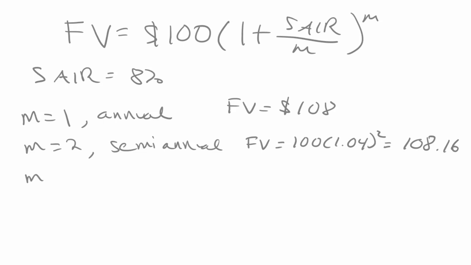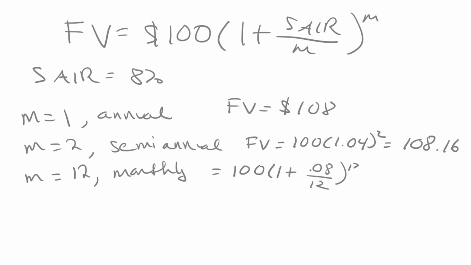Well, there's other possibilities. You could do quarterly, for example, but let's skip ahead to monthly. So for monthly, we get 100 times 1 plus 0.08 over 12, to the 12th power. Well, that's $108.30. Well, if we want, we can compound every single day, including holidays. 365 days a year.